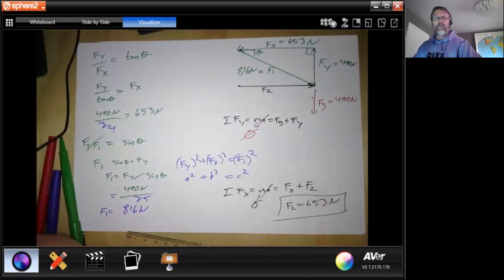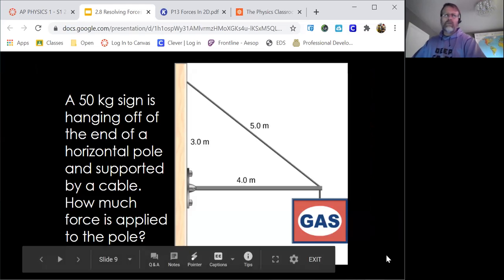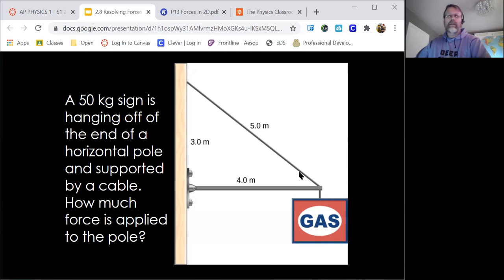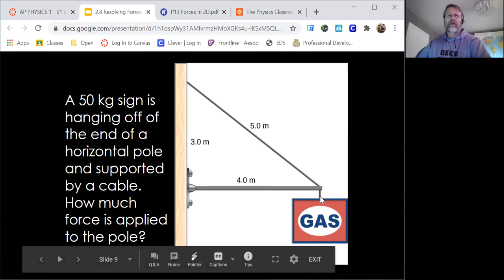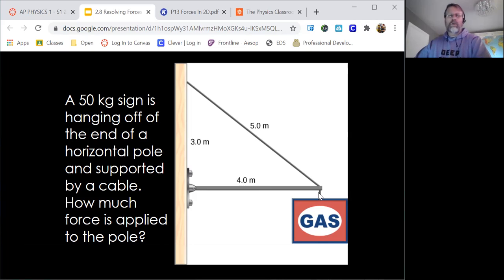So if we come back to our notes, I want to point out a few things you can see in this question, which is not going to be true all year. This is placed at the very end of the pole, exact same place as the cable. That means we don't have to worry about torque.